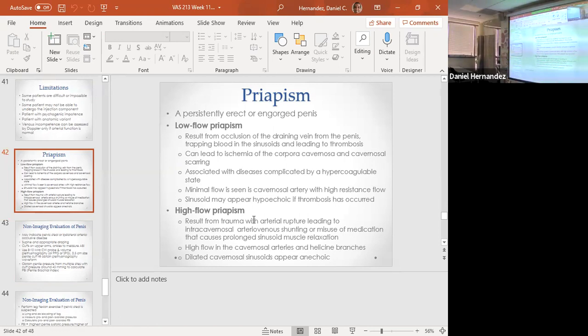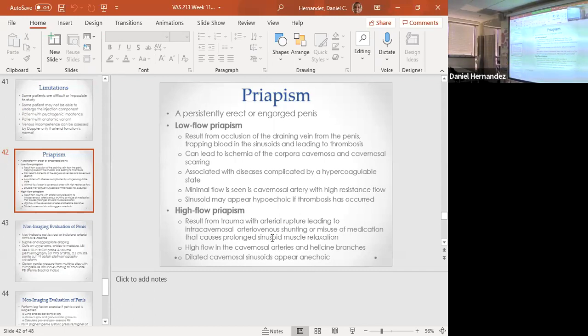So basically, we've created an arteriovenous fistula due to rupture of those intercavernosal vessels. It could be from trauma or that misuse of erectile dysfunction medications. So we get rupture of those smaller vessels that lead to arteriovenous shunting.